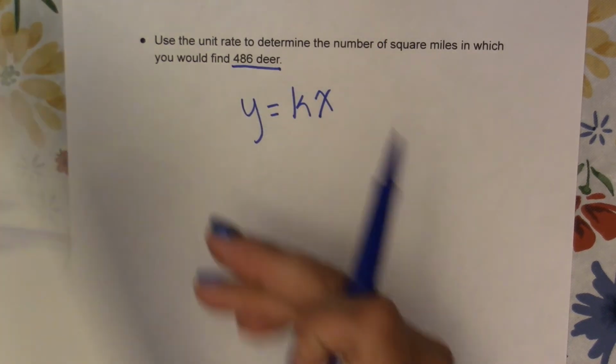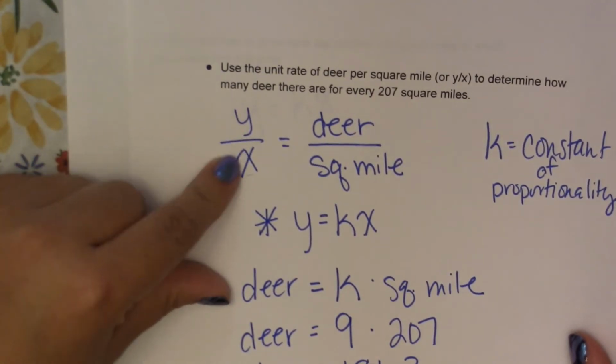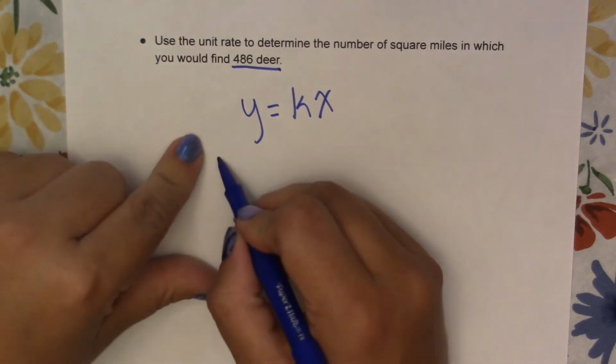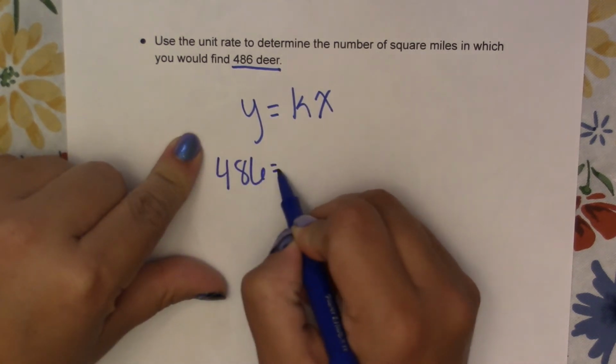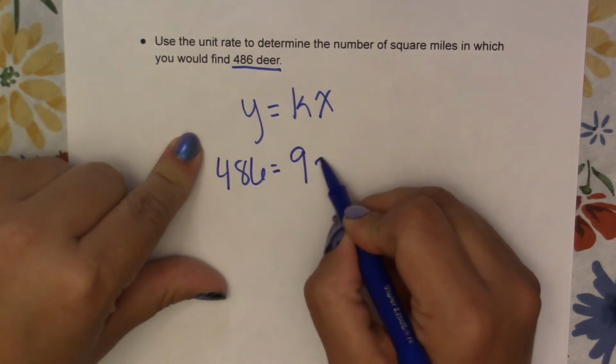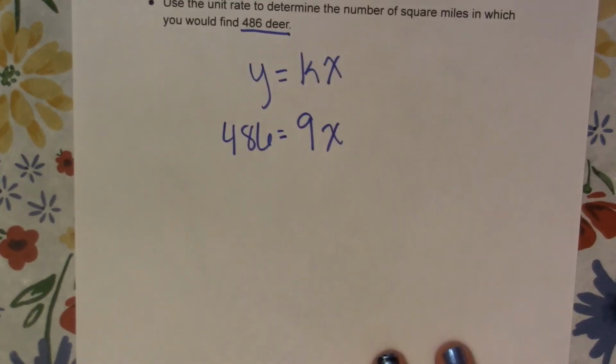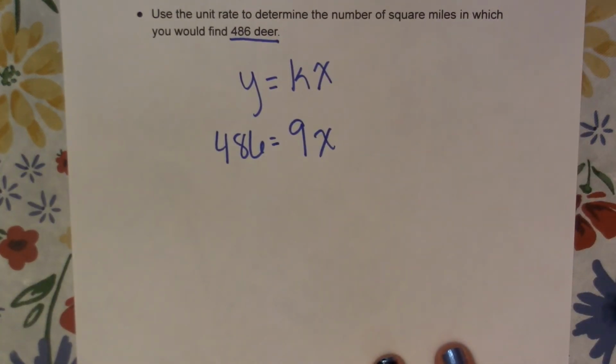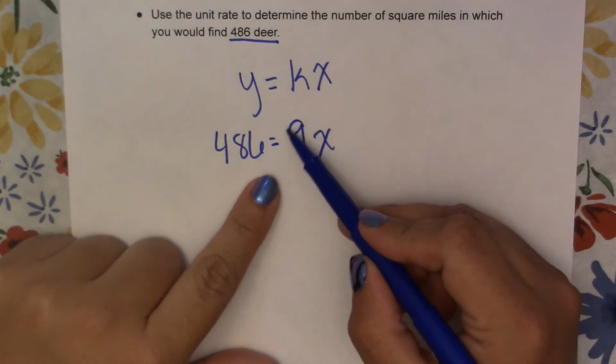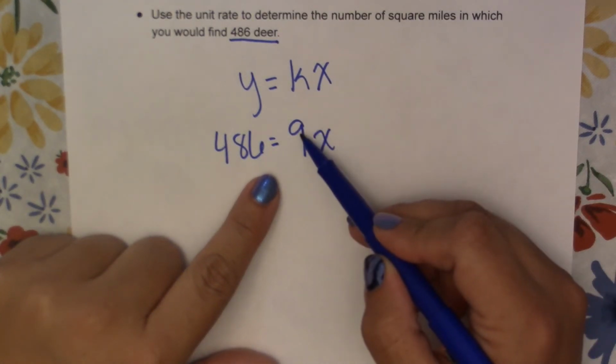If we look back at our ratio, our y is the deer. So we're going to replace this with the 486, equals 9 times x. Now when we solve these equations, we haven't done much of this yet, but that's okay because we're going to learn by doing. We multiply by the reciprocal.